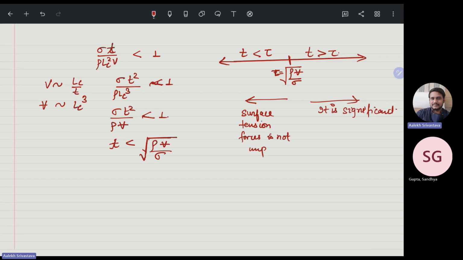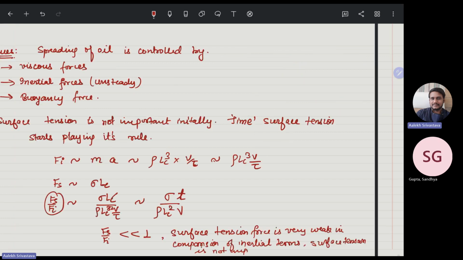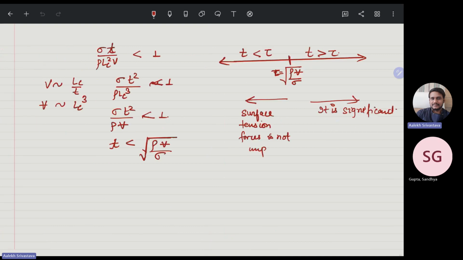So here you can see that with the order of magnitude analysis, we can say for what time scale surface tension force is not important, and for what time scale it is important. Suppose I am giving data that oil has been spilled in a sea, so sigma of oil is 0.02 Newton per meter.